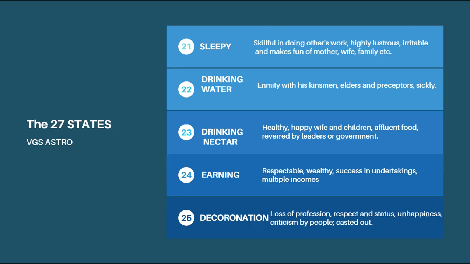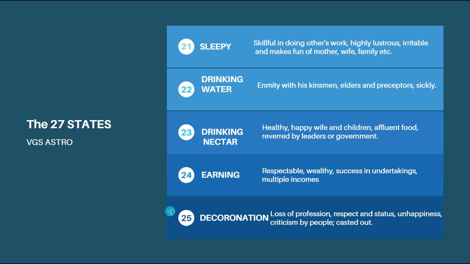Here we have stage number 21 to 25, and I can see that 21 is not very good. 22 is also giving very bad results. 23 is good. 24 is also very good, except for 21, 22, and 25, especially 25.